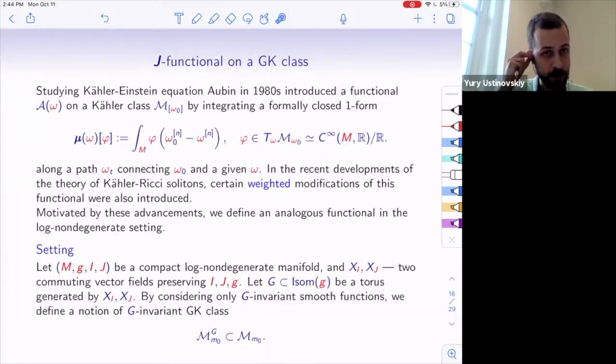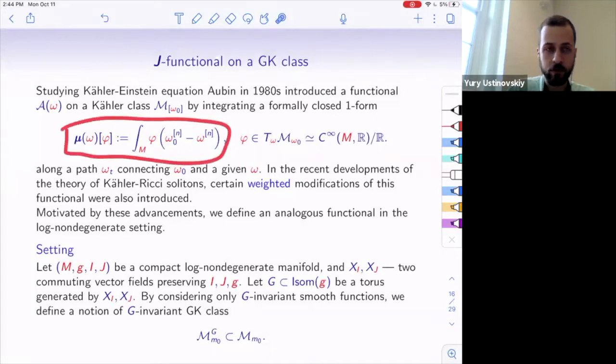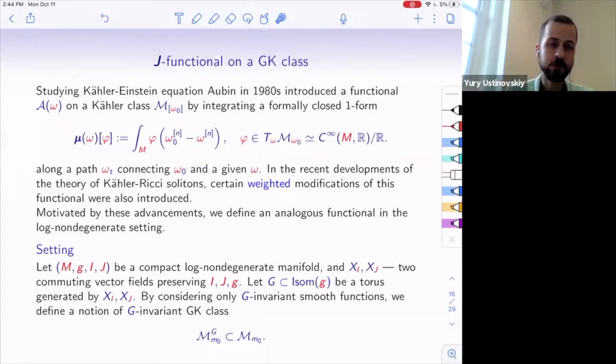So Aban introduced this functional on the Kähler class in the attempt to describe Kähler-Einstein metrics, and this is just an integral of a certain one form over the generalized Kähler class. To integrate this one form, you need to check that it's closed, so that you get something independent of the path of integration, which he did, and so it happened to be useful.